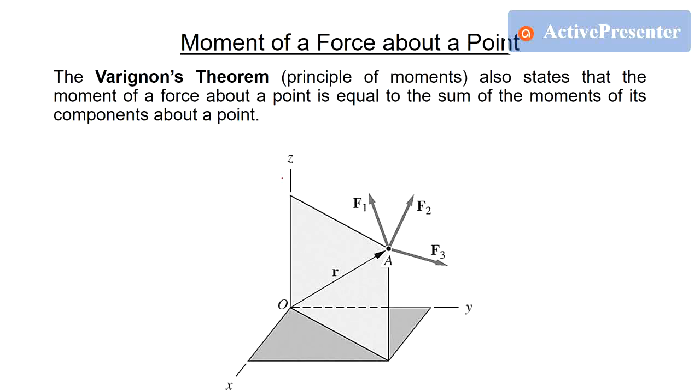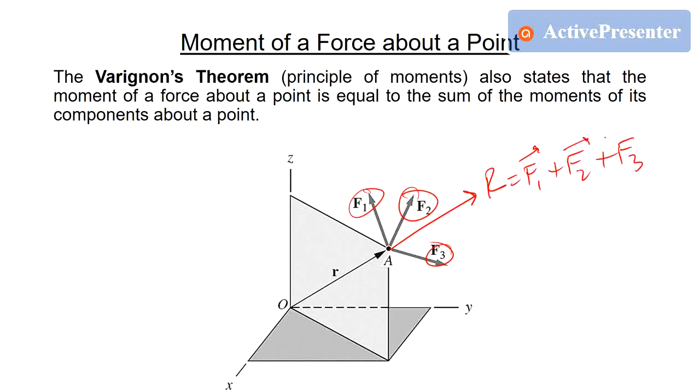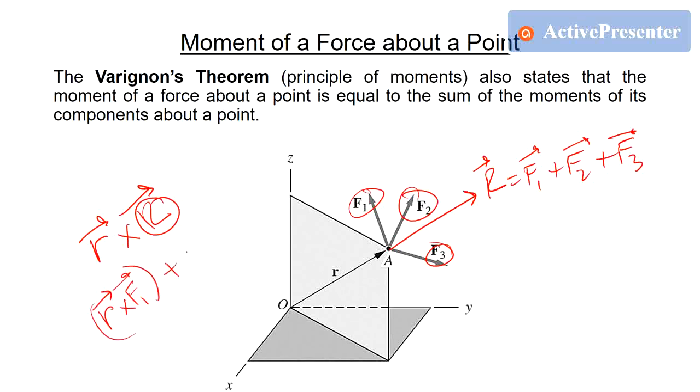So we also have Varignon's theorem. This is the principle of moments, which states that the moment of a force about a point is equal to the sum of the moments of its components about that point. Meaning, if we add these forces, let's say R is F1 plus F2 plus F3 in vector form, then r cross R, where R is the resultant force, is also equal to r cross F1 plus r cross F2 plus r cross F3.